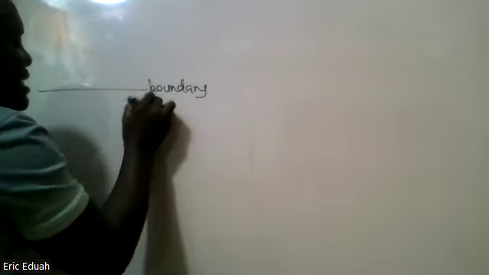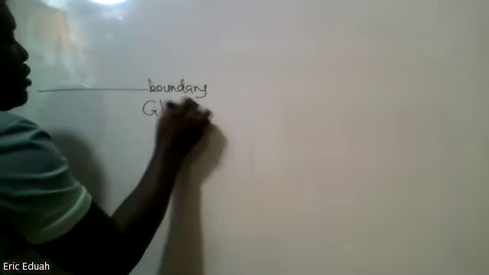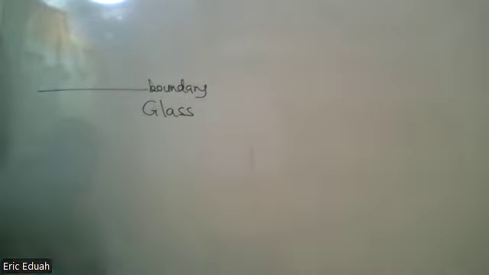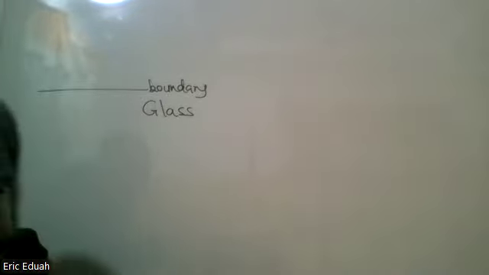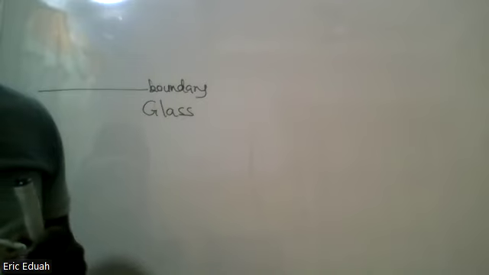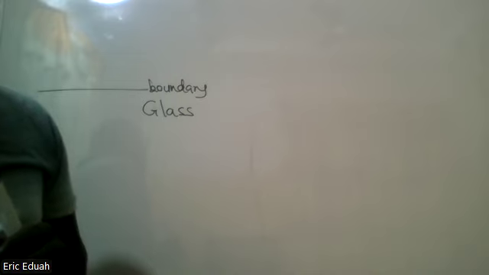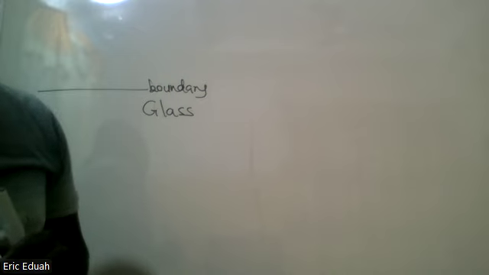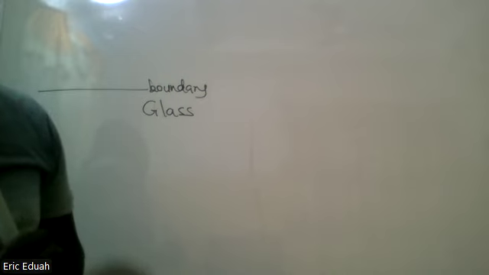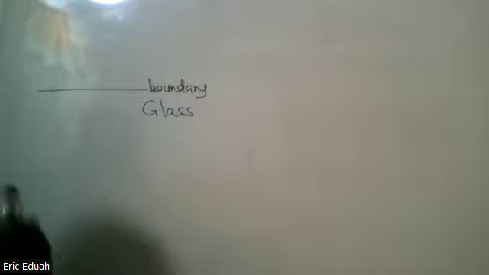So this is the glass plate. What is the angle of incidence if the angle between the reflected and the refracted rays is 90?